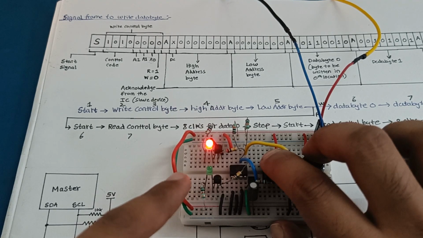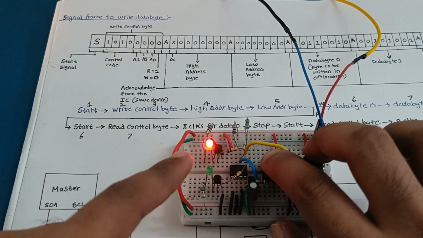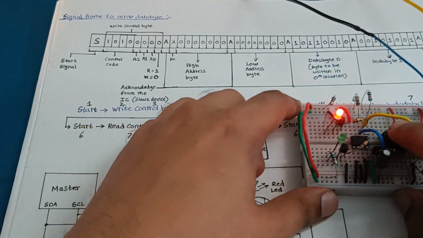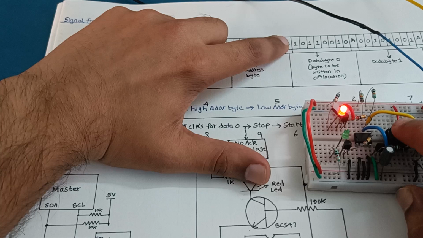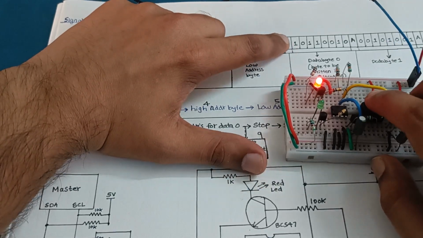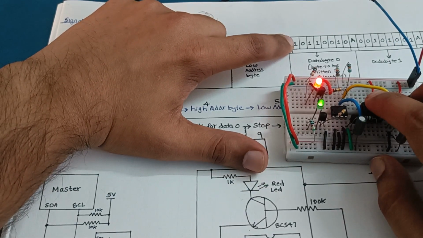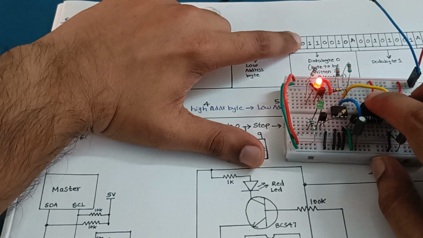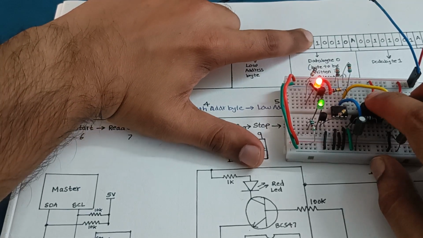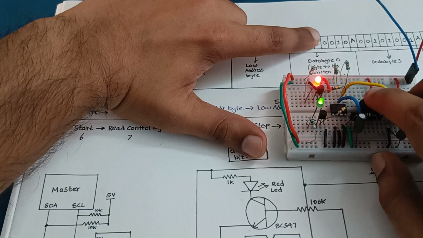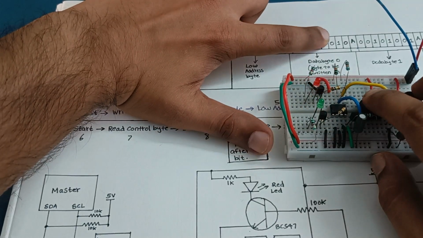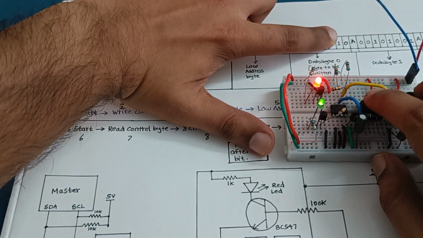But now on the next falling edge, I will get the first bit of my data, which is data bit 0. So it was 1, 0, 1, 1, 0, 0, 1, 0.